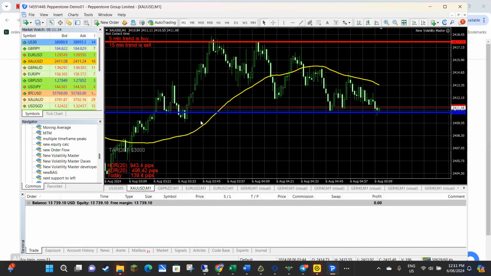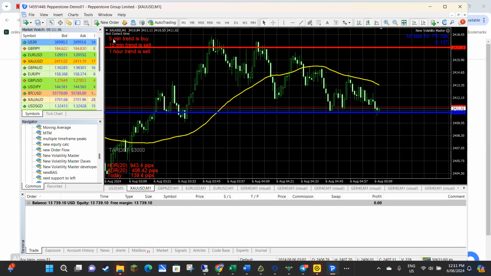All I will just share is that up here, it's just telling you the current 5-minute time frame trend, the 15-minute trend, and the 1-hour trend. These don't actually play any part in how the software trades. This is just a display for your personal information.